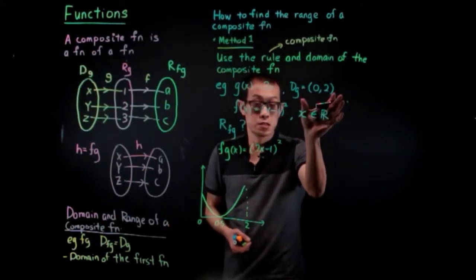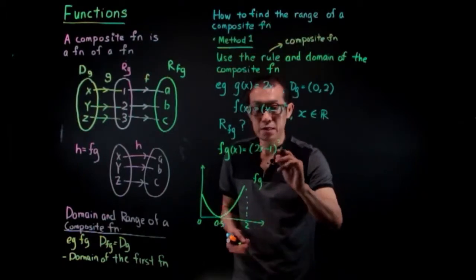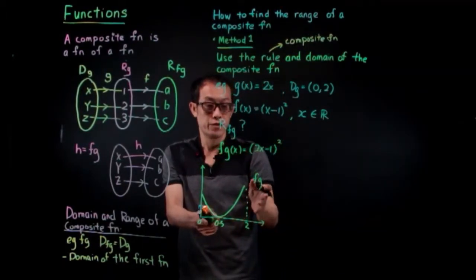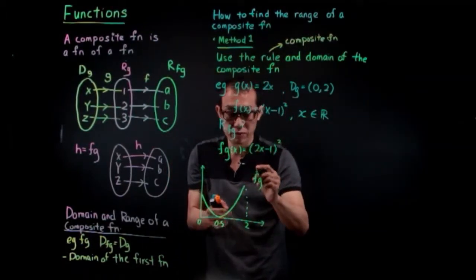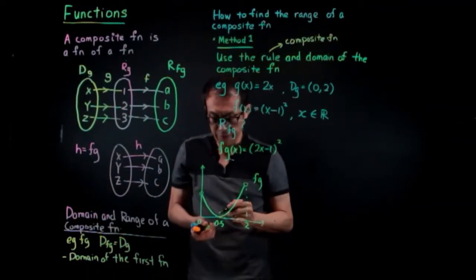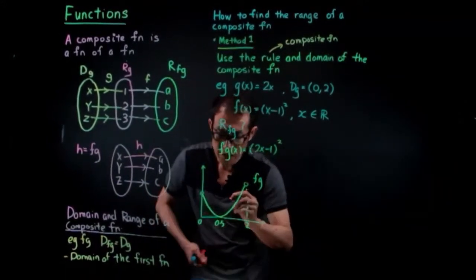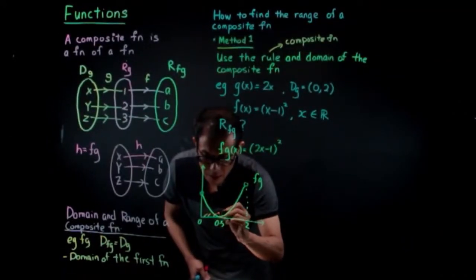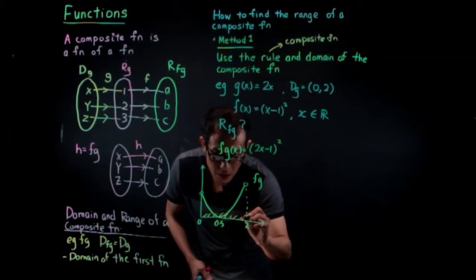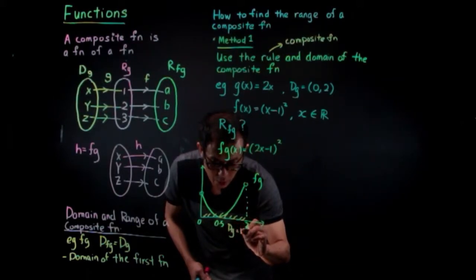I call this 2 because the domain of fg is the domain of g. So the domain of g is between 0 and 2, non-inclusive. So this part is the domain of g, which is equal to the domain of fg.